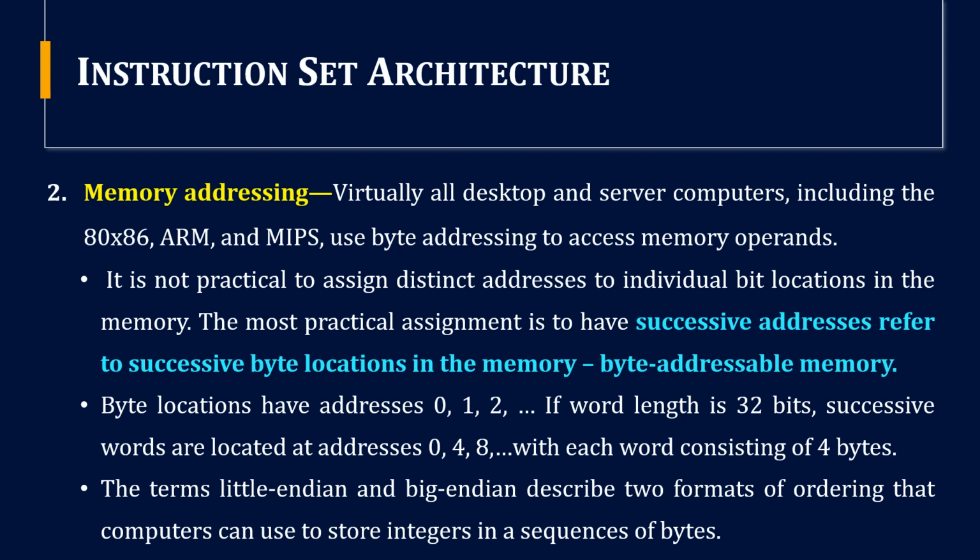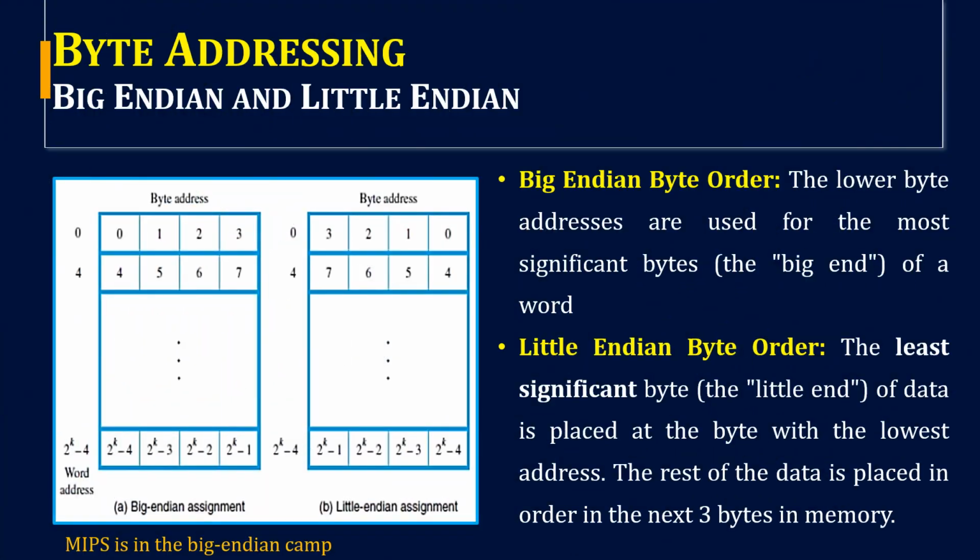The terms Little Endian and Big Endian describe two formats of ordering the addresses that computers can use to store integers in a sequence of bytes. Now let's discuss this big endian and little endian byte addressing concept.